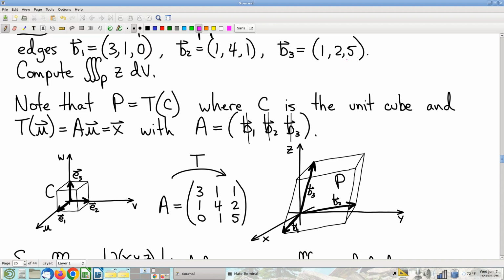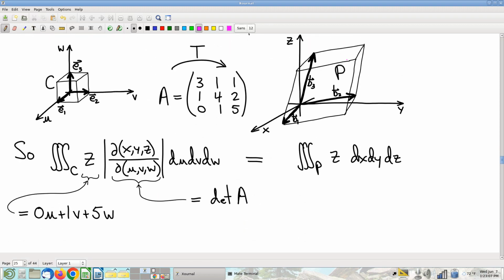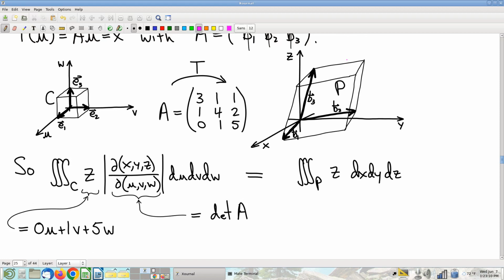And now again, it's all over but the shouting. We've got our change of variables function. By the way, not hard to find the stretching factor. I've got to take the matrix and take the Jacobian determinant. Oh, good news!